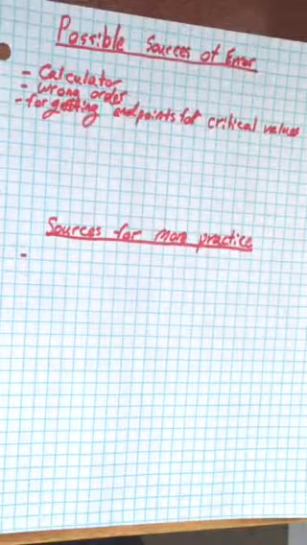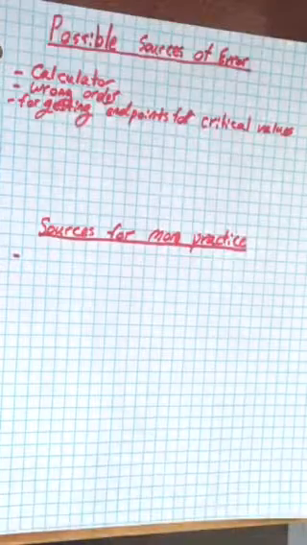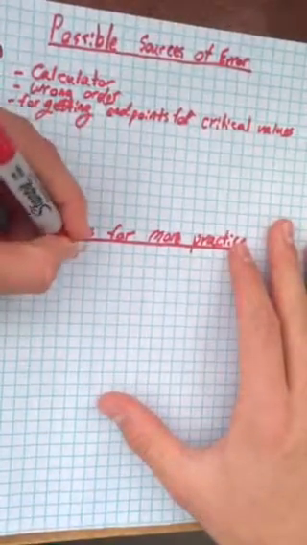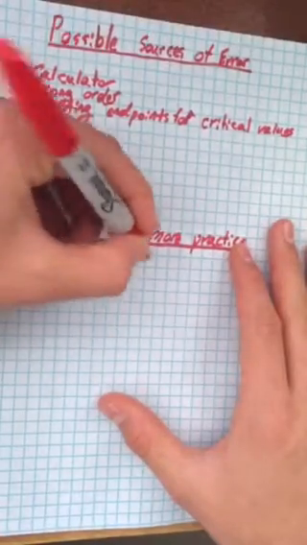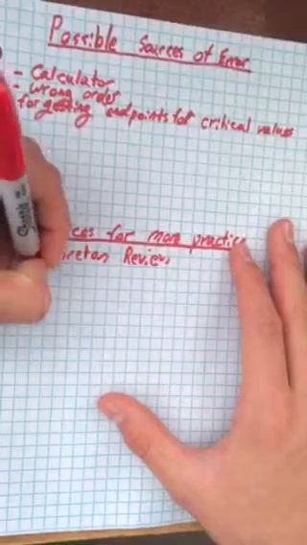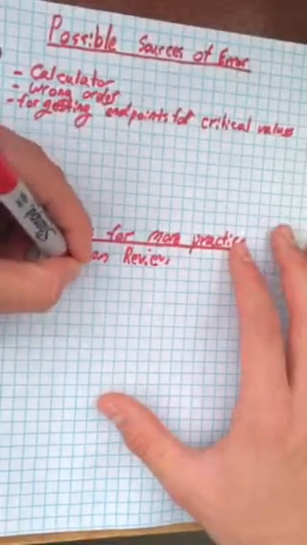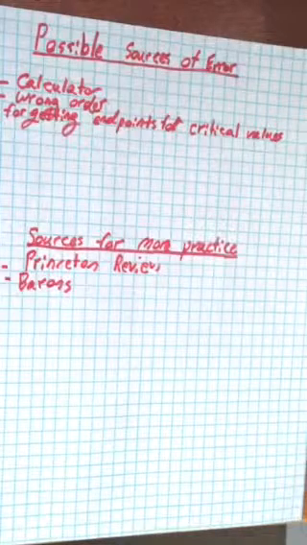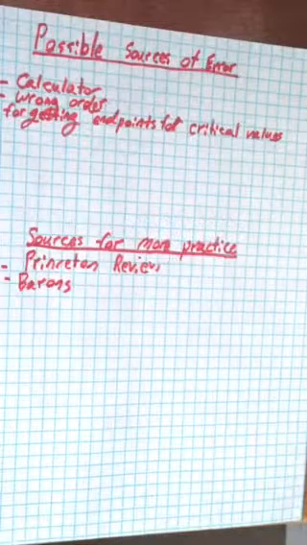So, sources for more practice. If you have those AP review books, maybe like Princeton Review or Barron's, those are going to be excellent sources. You may even be able to find some problems online. I have a nice Princeton Review book that has plenty of practice.